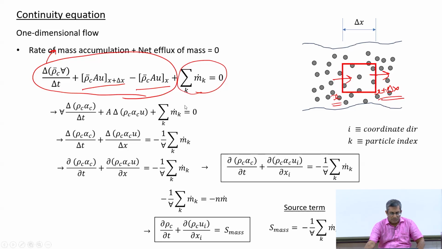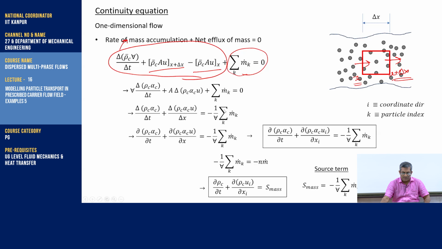So now simplifying this expression, we can show that the rate of change of this parameter rho c alpha c plus the gradient of rho c alpha c u is equal to minus 1 by V times the sum of all mass generation terms.